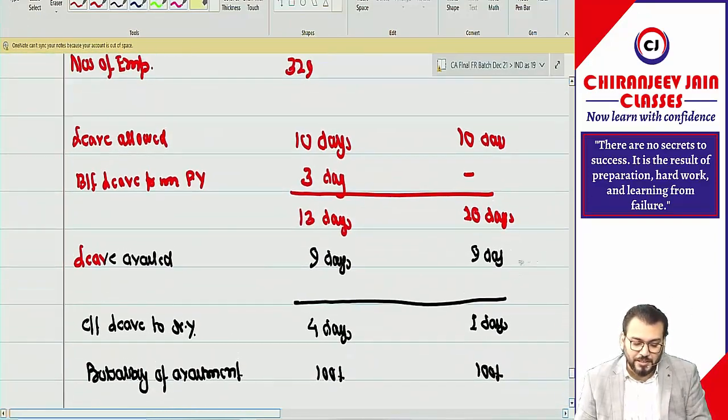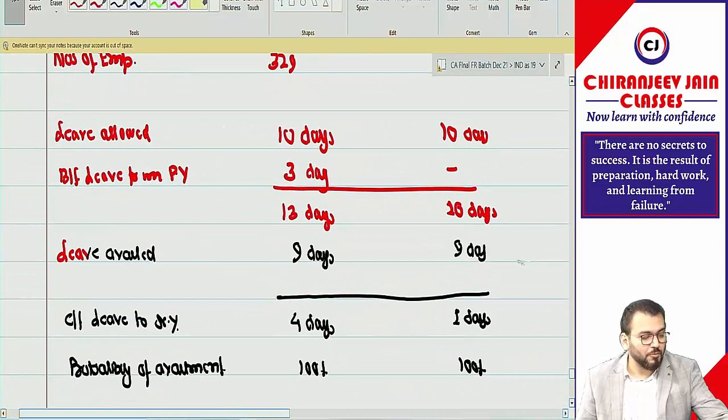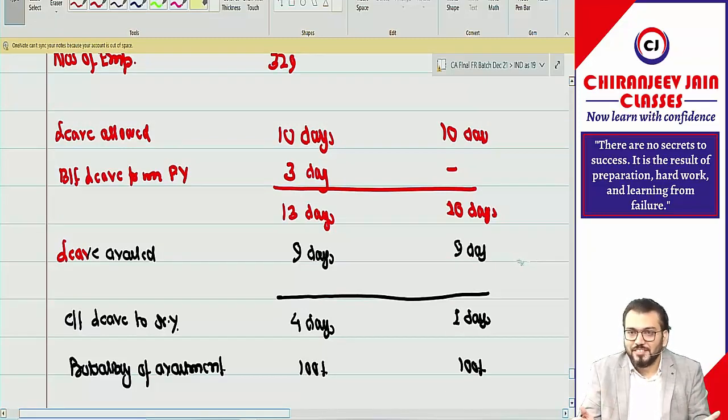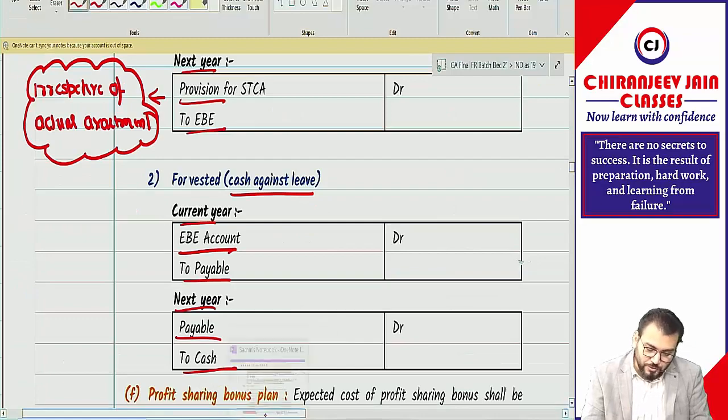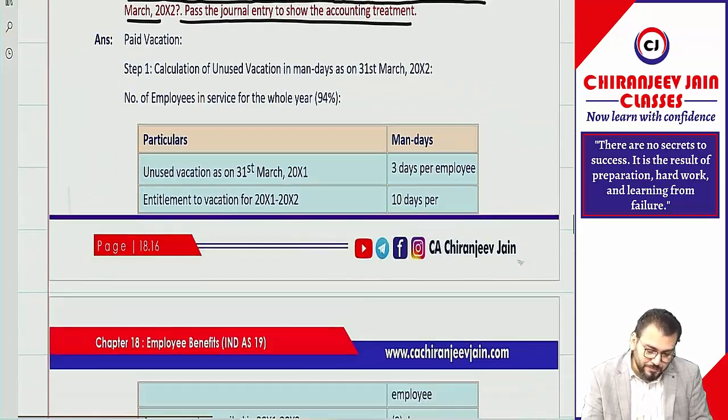Simple or complicated? Now what do you think? Either say simple or complicated. Simple, na? It is very simple from the examination point of view. Got it? Yes sir, we have understood this also. Correct?